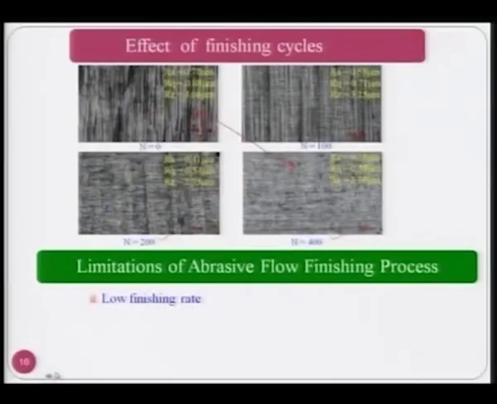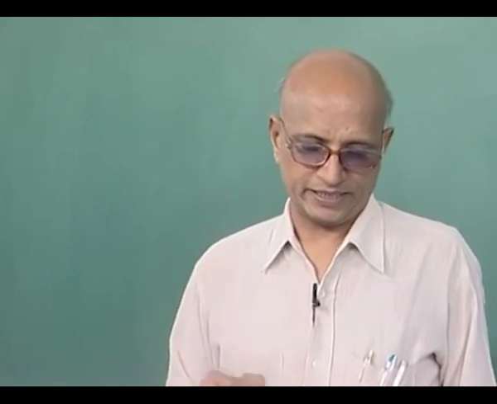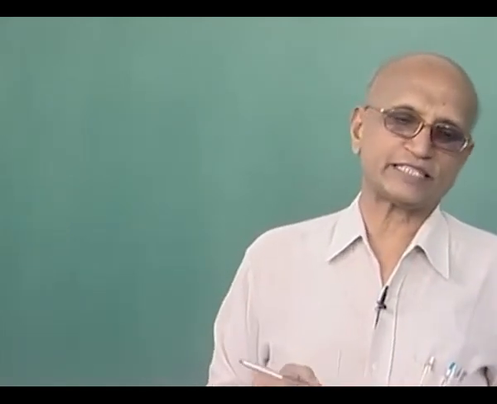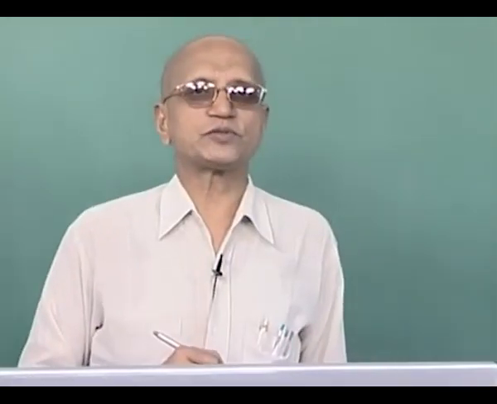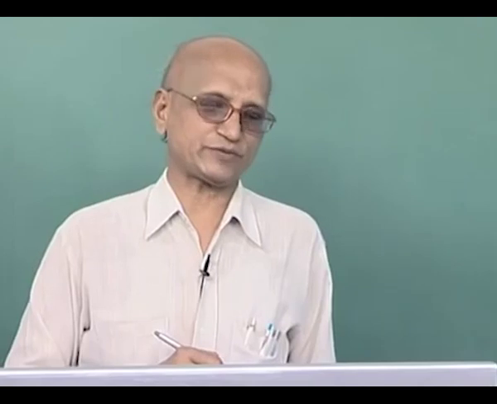Now there are certain limitations of the abrasive flow finishing process. First, it has a low finishing rate. Second, the polymer abrasive medium loses its viscosity. As you keep finishing, the rheological properties of the medium keep changing, or rather deteriorating, so after a certain period of use you have to replace it with a fresh one.